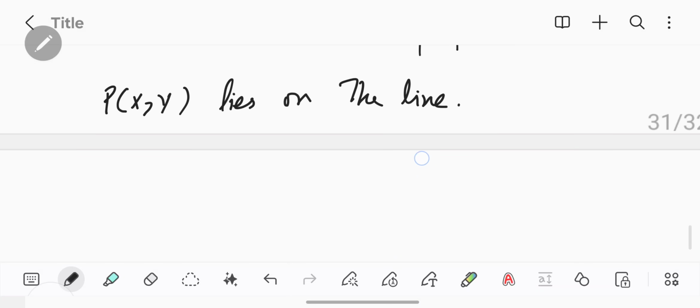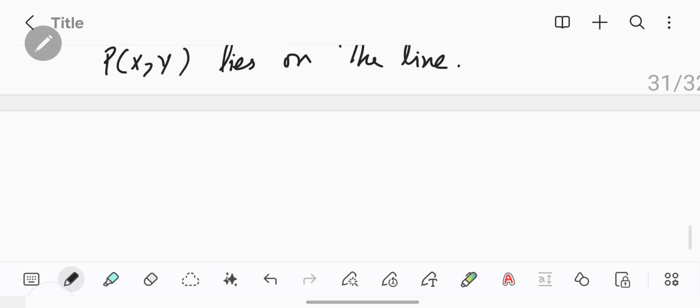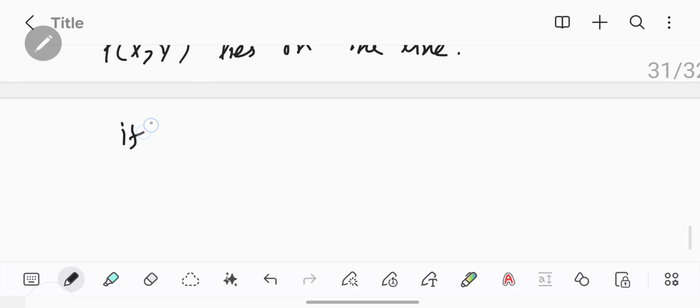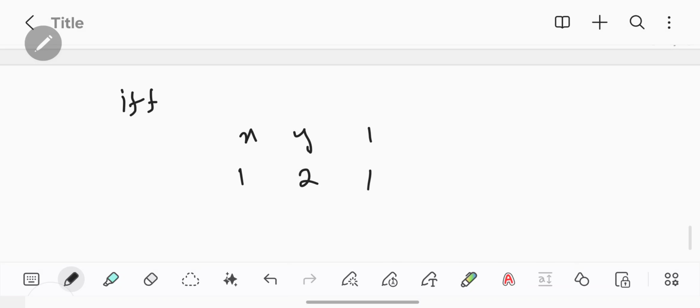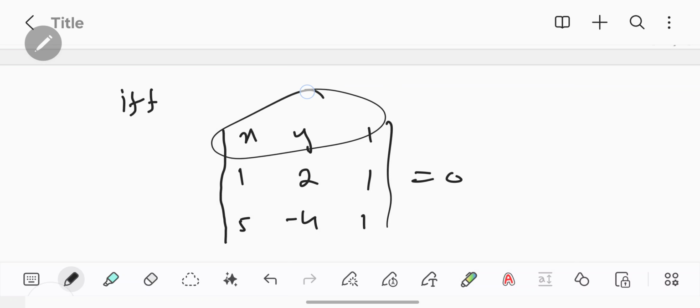So we conclude that the point P of xy lies on the line if and only if the determinant with rows x y 1, 1 2 1, 5 minus 4 1 is equal to 0. So if this determinant is equal to 0, that means the point is lying on the line. If this determinant is not 0, that means the point is not lying on the line. This is the general criteria.